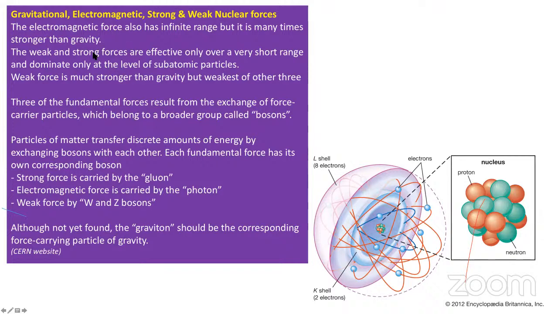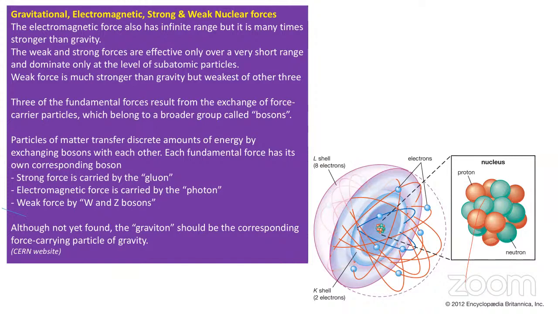The weak and strong forces are effective at a very short range, basically femtometers. Although it is called the weak force, it is still much stronger than the gravitational force. It is not weaker than gravity, but compared to the other forces at that distance, it is the weakest of the three.